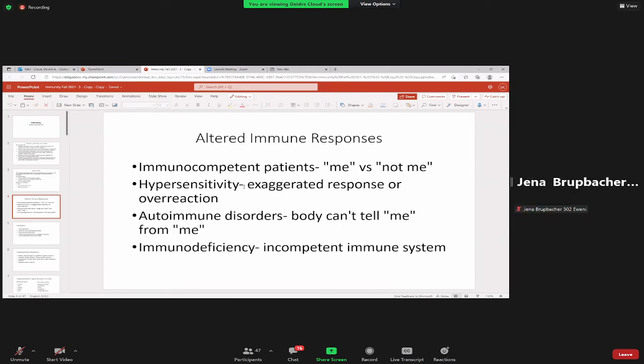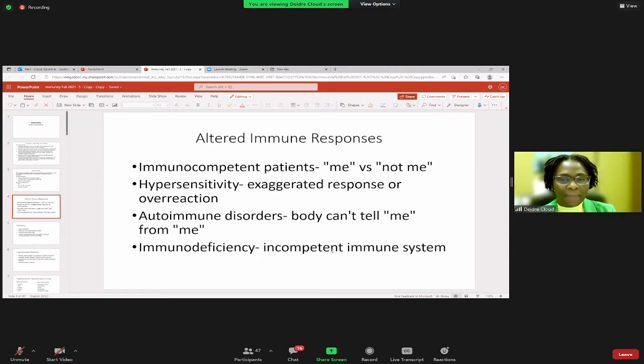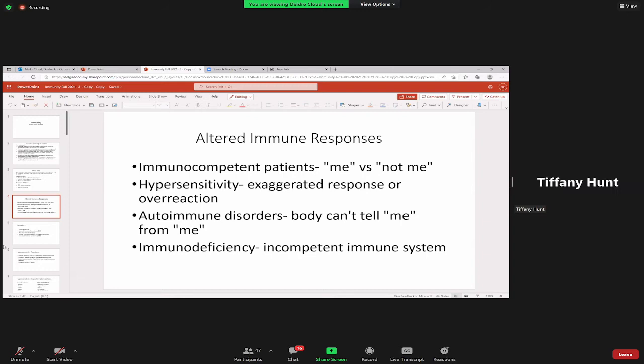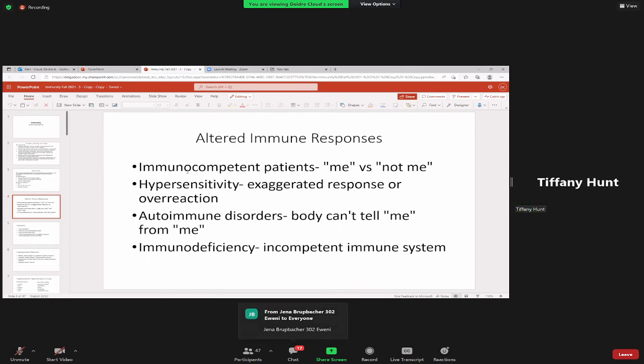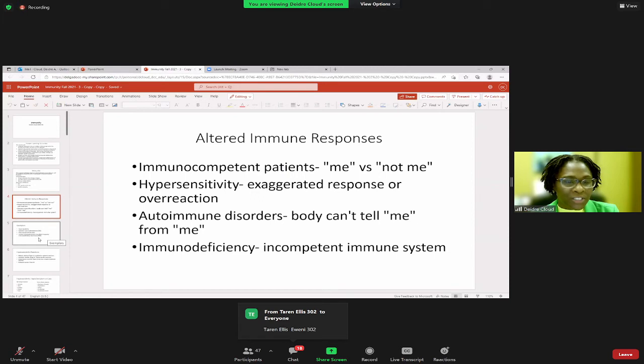And with your immunodeficiency responses, you have an incompetent immune system. It just doesn't work like it should. It can't fight off basic infections that the normal person with an immunocompetent immune system can. They can't fight those diseases or pathogens off.